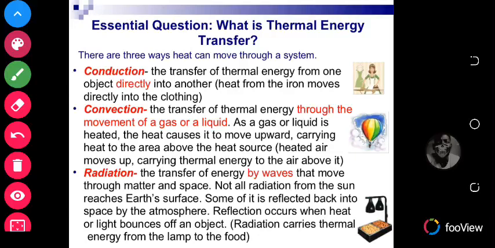For example, a cooking pot on fire, that is conduction. Let's look at convection. Convection is the transfer of heat energy through the movement of a gas or liquid. So a gas or liquid is heated and the heat causes it to move upward, like boiling. Boiling is a form of convection.